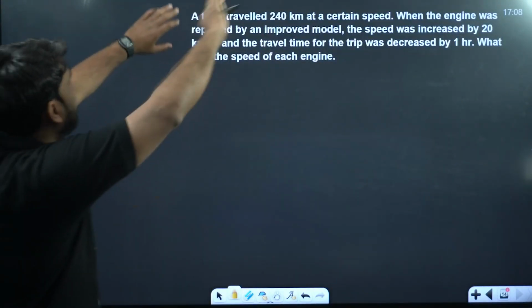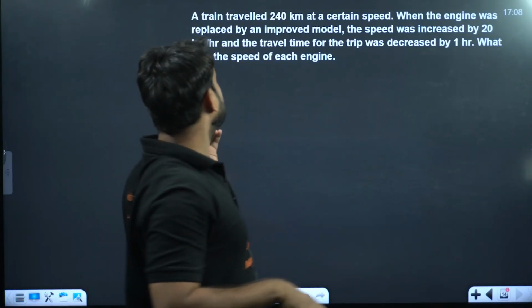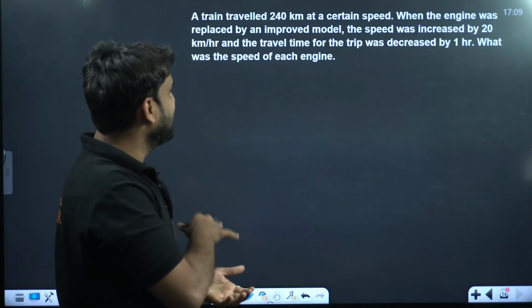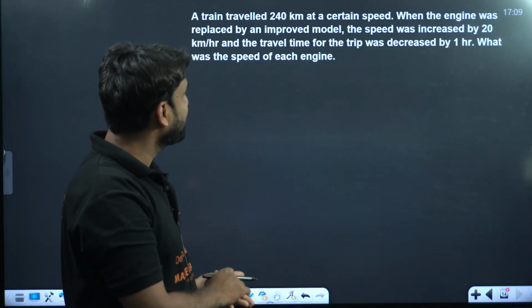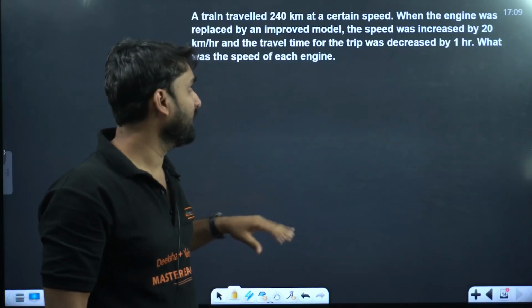A train traveled 240 km at a certain speed when the engine was replaced by an improved model. So basically there is a train traveling with a certain speed, and it has to travel 240 km.